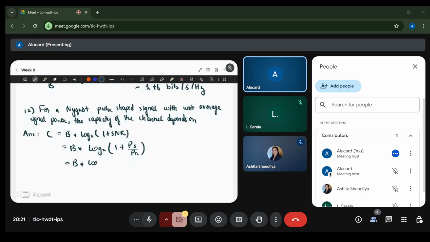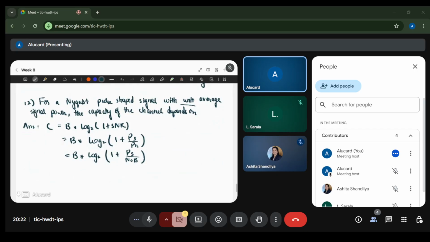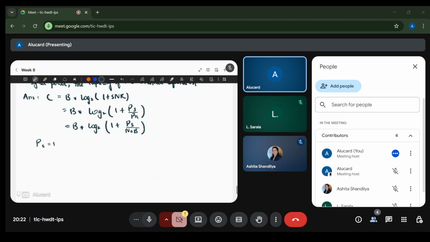Noise power is N0 B, so 1 plus PS by N0 B. Now, the given average signal power is 1 unit average signal power. So capacity depends on what quantity now?